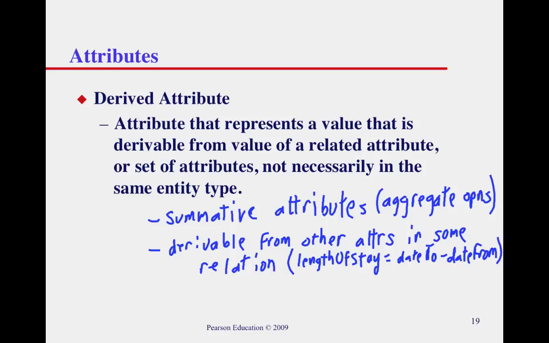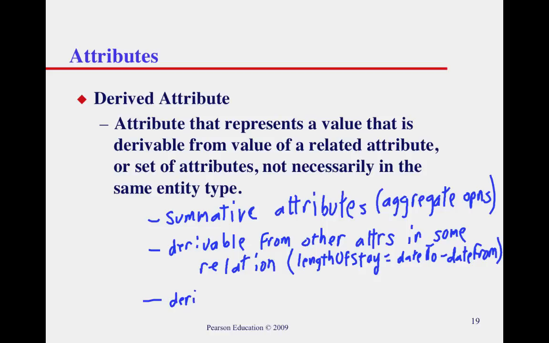And you don't want to explicitly represent length of stay because it's redundant information and it would simply give you the opportunity to get inconsistency in your database if you updated one of the two dates and forgot to update length of stay. So derivable attributes are things you do not wish to include in your explicit underlying database because they are derivable from other information.